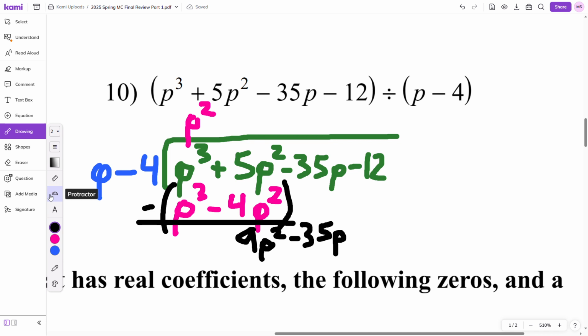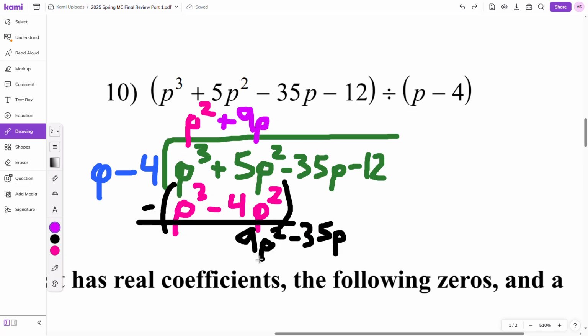9p squared divided by p gives you 9p. Because again, I'm dividing 9p squared by that initial p right over here. And then, once we have that, multiply it.